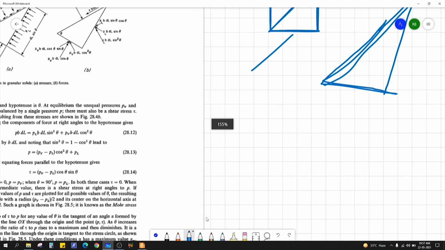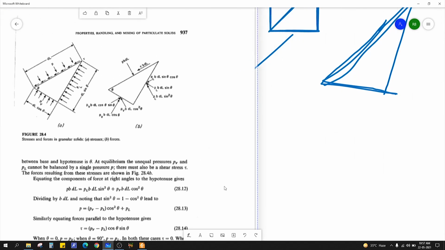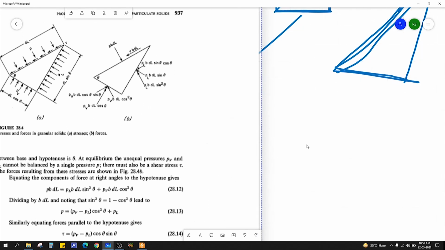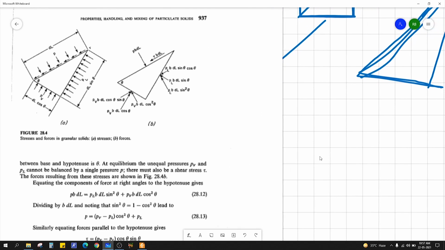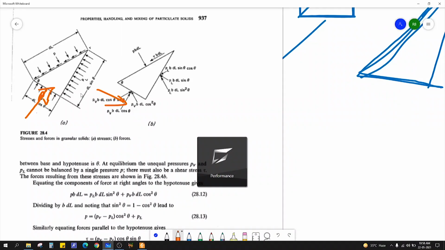So you can see here. Okay, fine. So I have this triangle. Let's say the applied pressure is in this direction. Okay, this is your applied pressure PV. And at 90 degree to this PV, this is your 90 degree direction, right? So you will be having a PL, that is the minimum pressure.